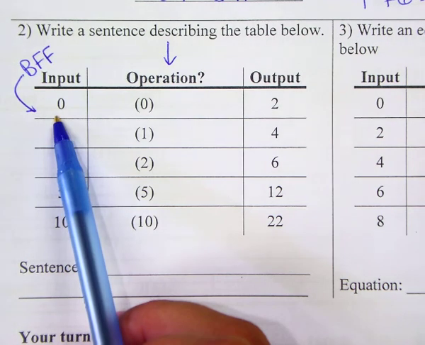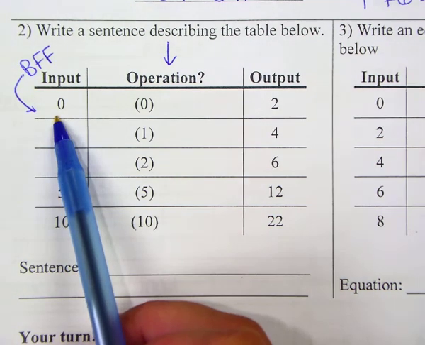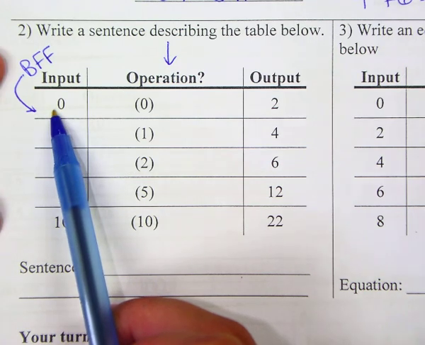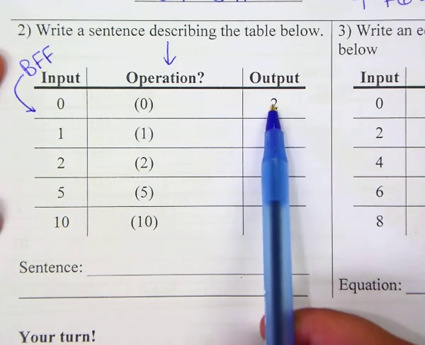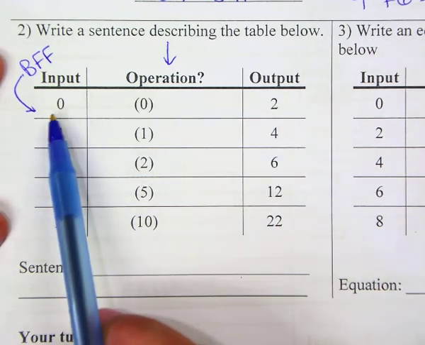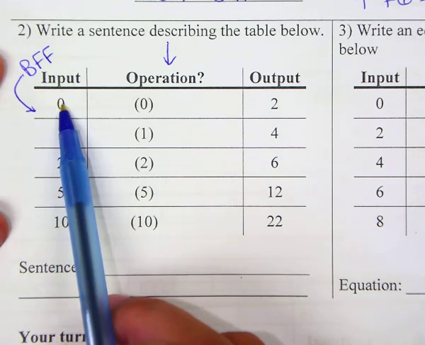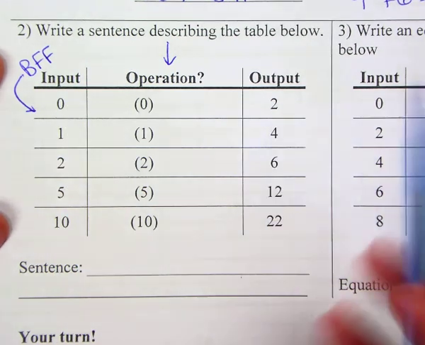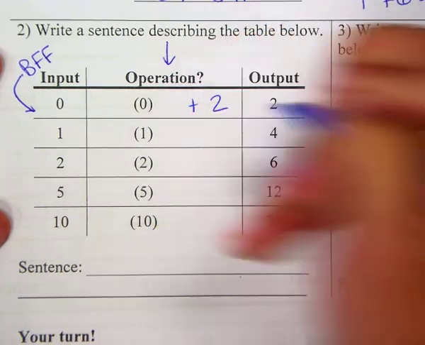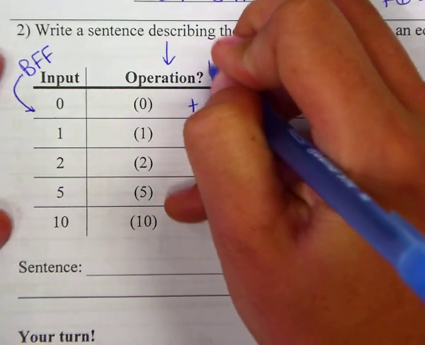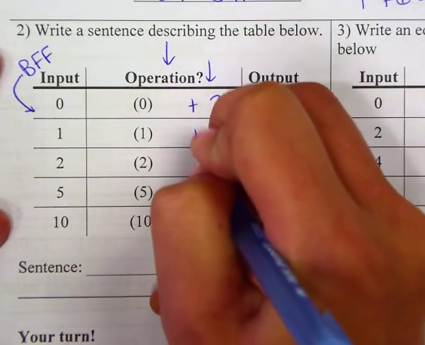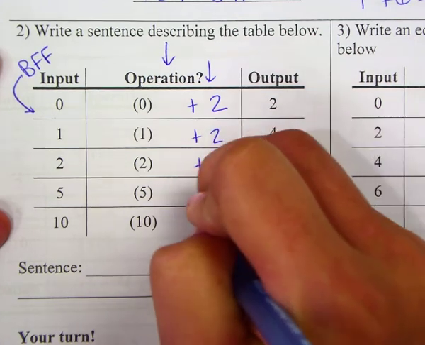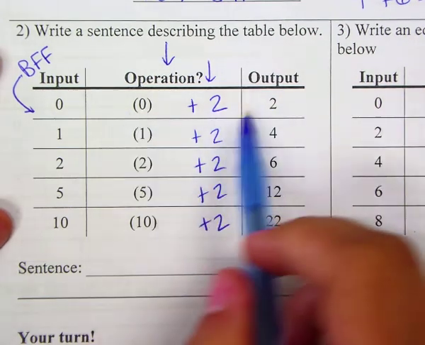Why? Because your best friend tells you things, just tells you it straight out. And what the 0 tells you straight out is what's added or subtracted. So in order to put 0 into a machine and get 2 out, you have to add 2. And I'm going to go ahead and write that all the way down, because my BFF told me that I'm adding 2.